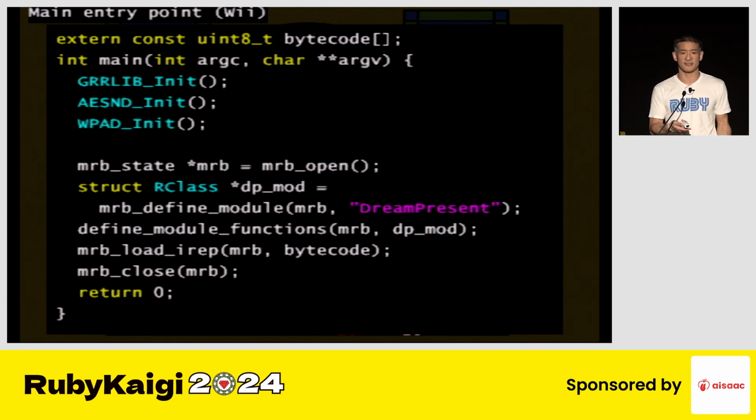This is, of course, a little bit simplified, and there's a lot more going on, but this is the general idea. A lot of things have different API calls and different constant names, but a lot of stuff often looks similar between the two platforms.